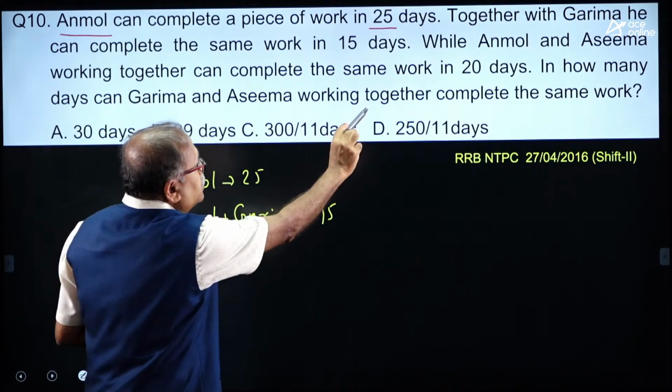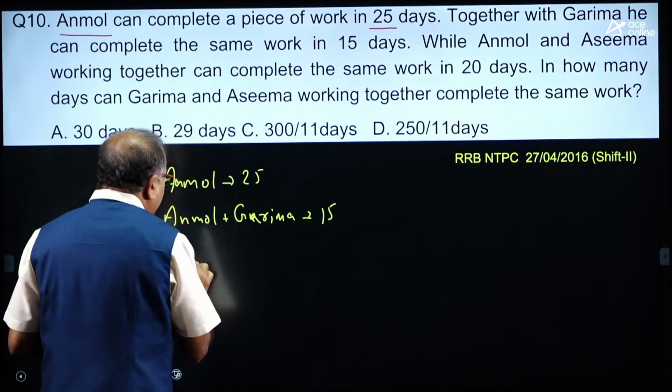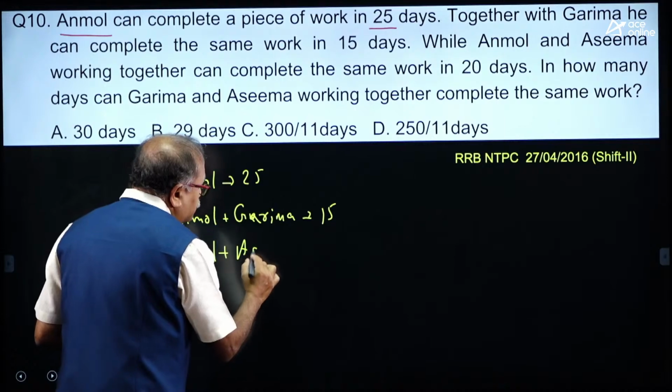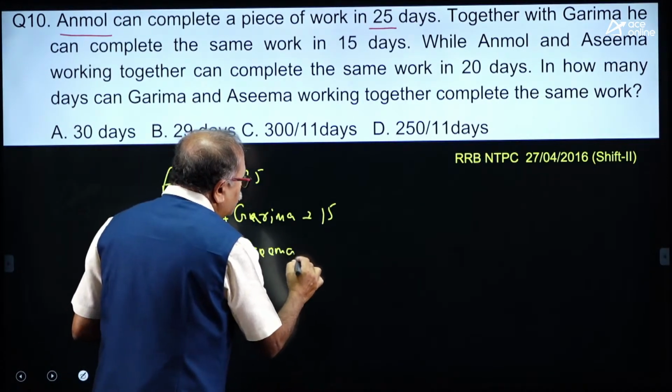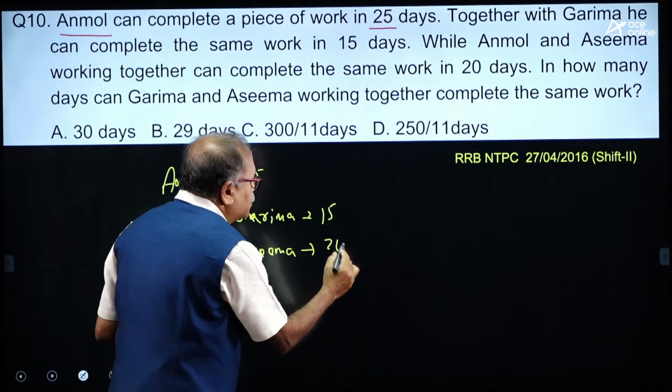And one more piece of information, Anmol plus Asima, another lady, together can complete the work in 20 days.